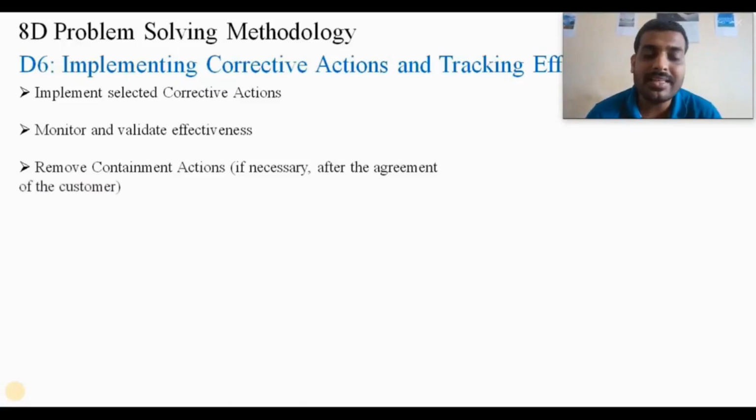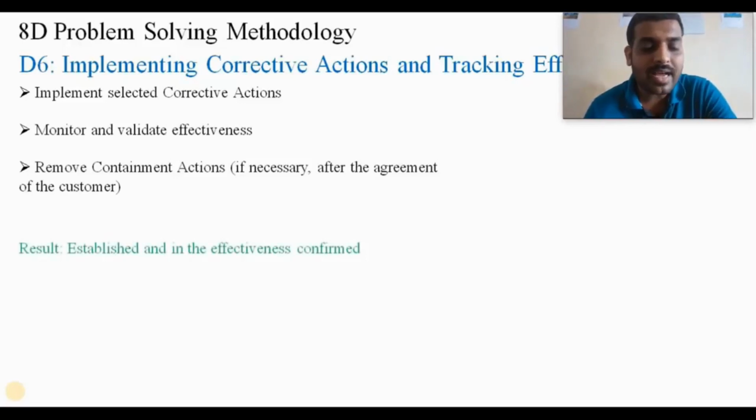So D6 results in established, effectiveness-confirmed corrective actions and removal of the containment actions from D3.